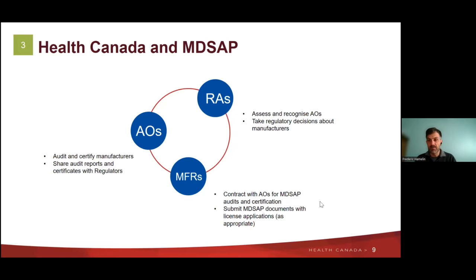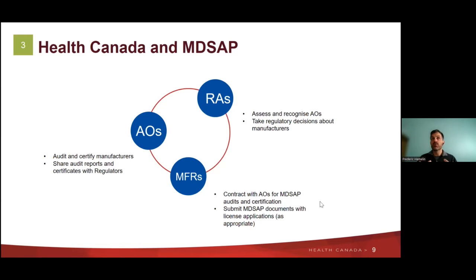I assume some or most of you are somewhat familiar, but to give you an idea of how the system works, if you remember the previous slide I showed you with the 4 entities, Health Canada, the SCC, AOs and manufacturers, you had 4 parties involved in the scheme. Now under MDSAP, we've brought that down to 3. We have RAs, the regulatory authorities. Yes, there are 5 of them right now, full members in MDSAP, and some associate members. But we act as one. We don't necessarily act as 5 individual regulators in how we conduct our oversight and recognition.